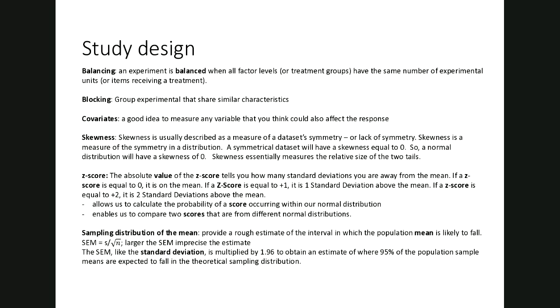You know what balancing is, so you get the right balance. If you have two groups, each group should have the same number of treatments, the same number of experimental elements, both control and experimental, so that your experiment is balanced. And blocking, as I said, if you think there could be some characteristics that make your observations differ.